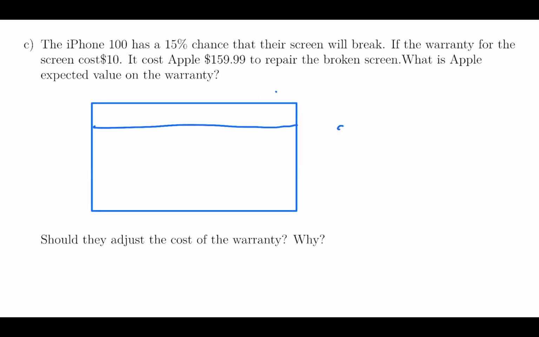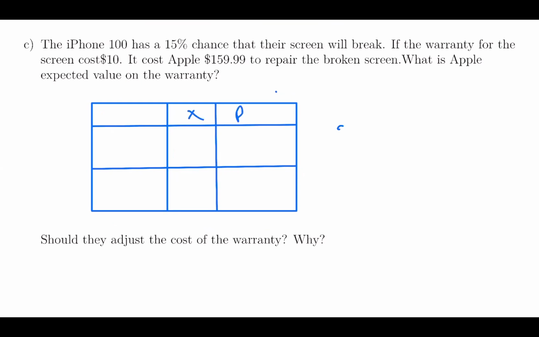We'll have this, we'll have this, we'll have this. So we'll say X, and we'll have P of X. All right. So when you buy your cell phone, what are the two options that could occur for the screen?